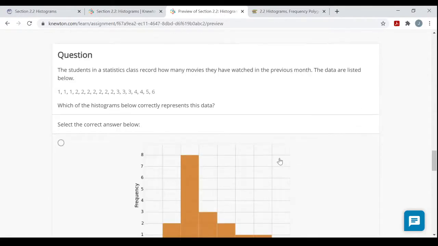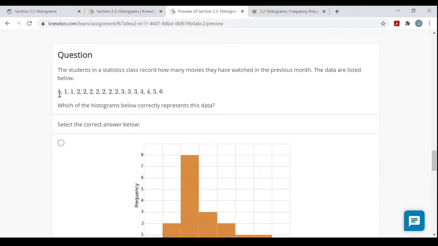All right, so I continue, and here's another question. The students in a statistics class record how many movies they have watched in the previous month. The data are listed below, and it looks like they're listed in ascending order, lowest to highest here.